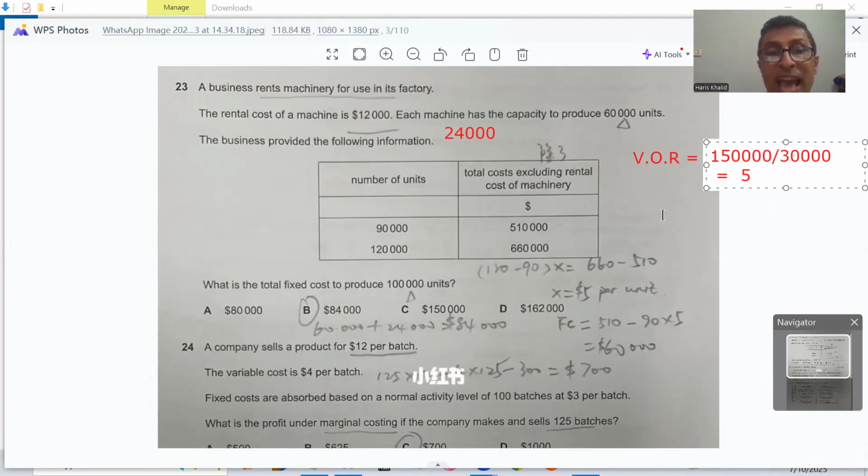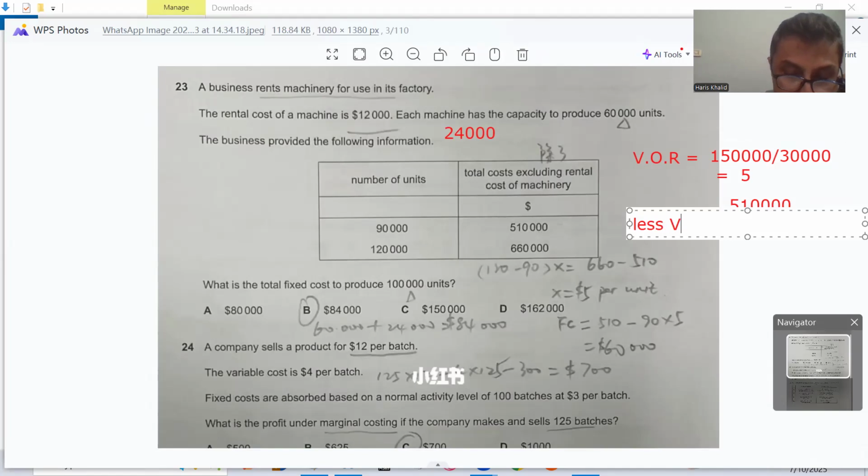Now I can use any of the activity levels, either 90,000 or 1,20,000. Let's take 90,000. For 90,000, the total cost is 5,10,000. I will subtract the variable cost from this to find the fixed cost.